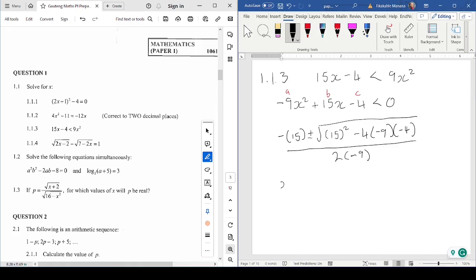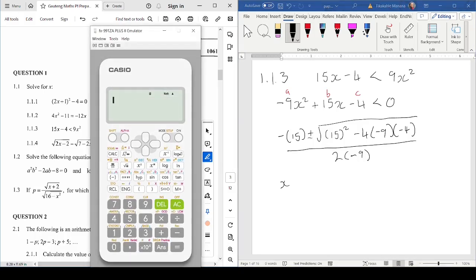Okay, let's see what the calculator is going to give us.